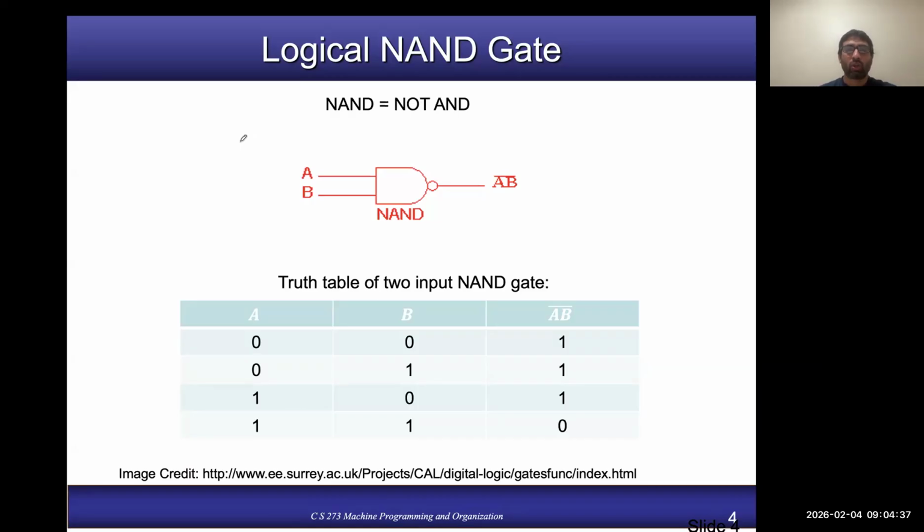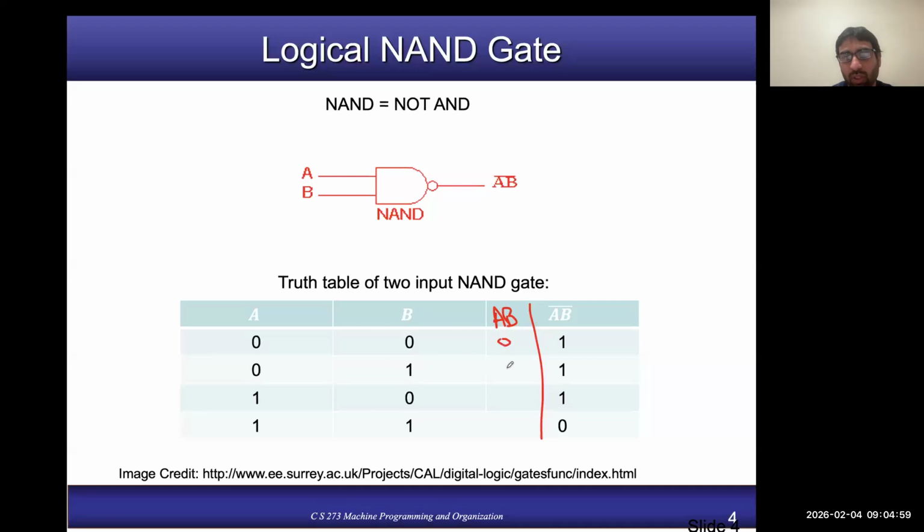Okay. Just to make it clear, let's say I am putting A, B here to indicate the AND operation, right? From our previous knowledge, we know that if any of the inputs is 0, the output is 0 for an AND gate, right?